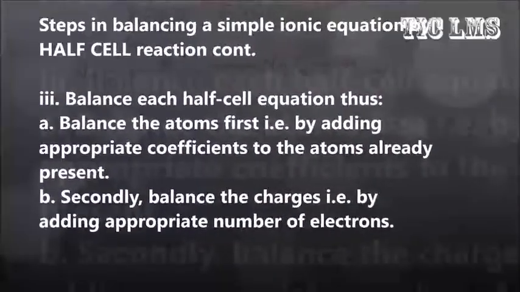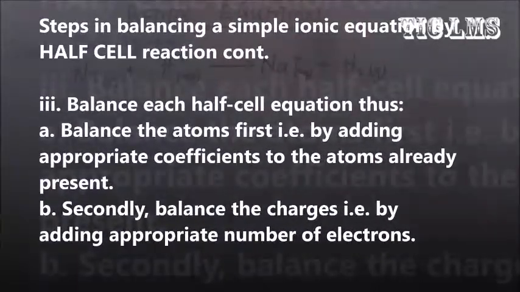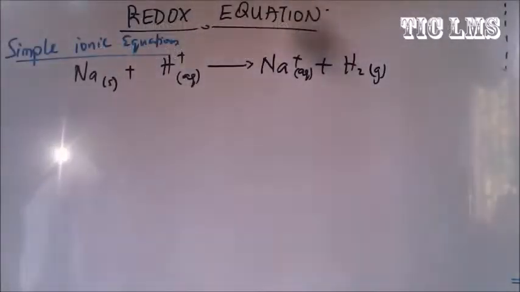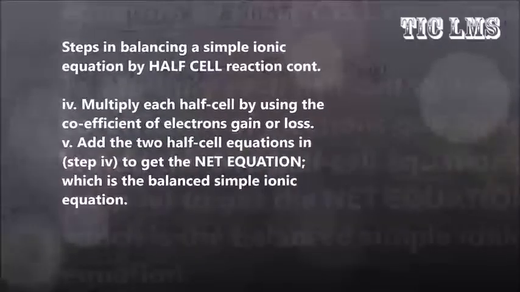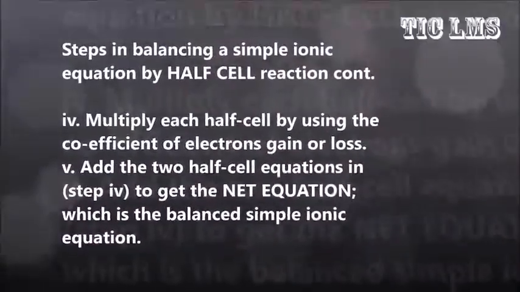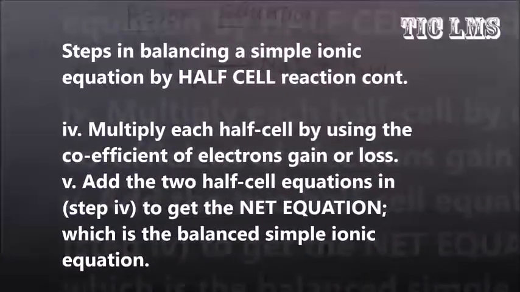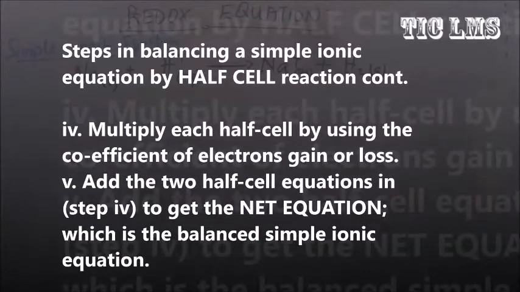Thus, we have to balance the atoms first, and secondly, we balance the charges. The fourth step is to multiply each half cell by using the coefficient of electrons to balance electron gain or loss. And the fifth step is to add the two half cell equations in order to get the net equation. And we should take note that the electrons will be cancelled out.